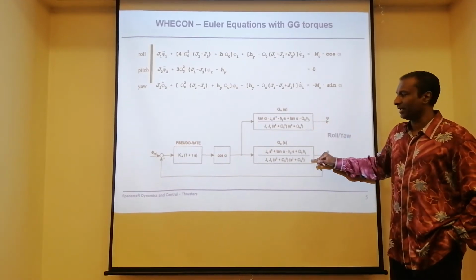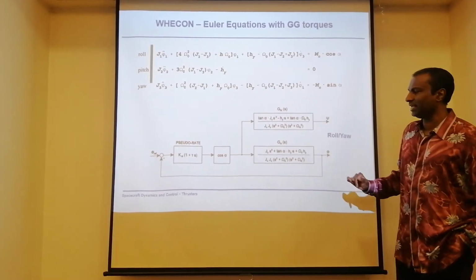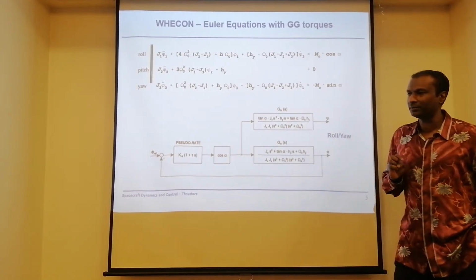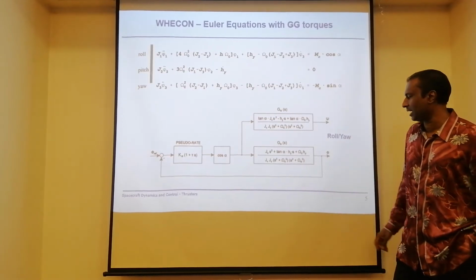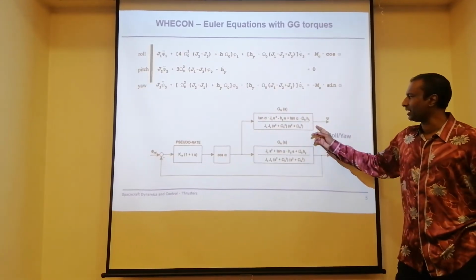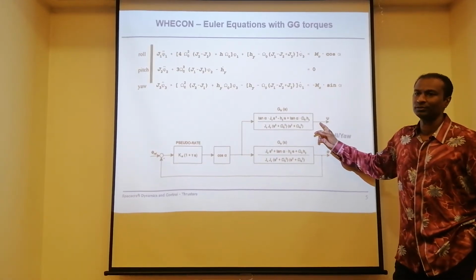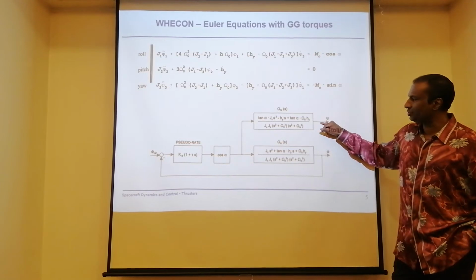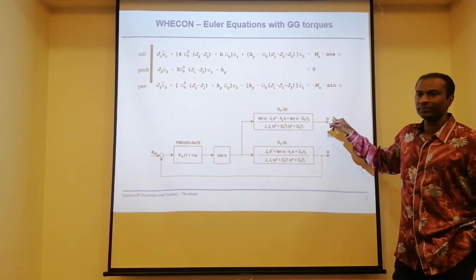Okay. So what exactly does it do here? Because both roll and yaw are coupled, I say okay, never mind. I'll make sure I measure roll, then indirectly I am also controlling my yaw. That's what it says here. That is the reason you don't see a closed loop for the yaw.